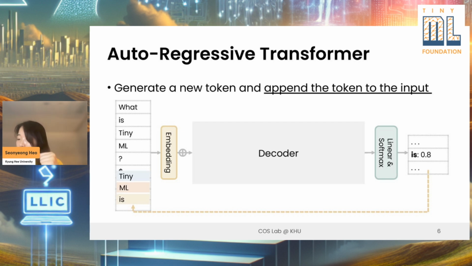After that, it generates the token after the new token. The model repeats this process until it generates the maximum number of tokens or encounters the end of text token. This recursive behavior is referred to as autoregressive.